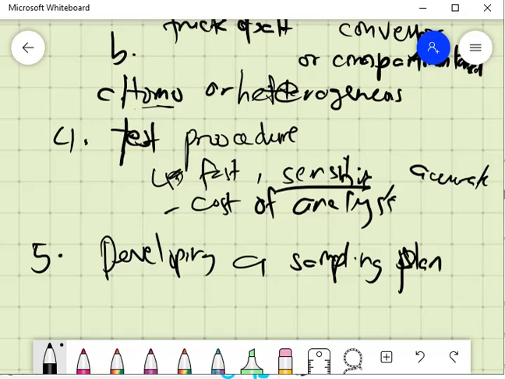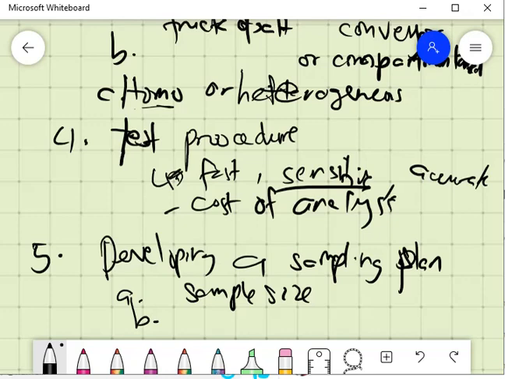So after you consider all those factors above, I mentioned all the other factors, you have to consider the sampling plan. So for example, the sample size, of course, like how much do I need to get from the population. So you have to consider how big the population is, right? And the variation of the properties of the population.